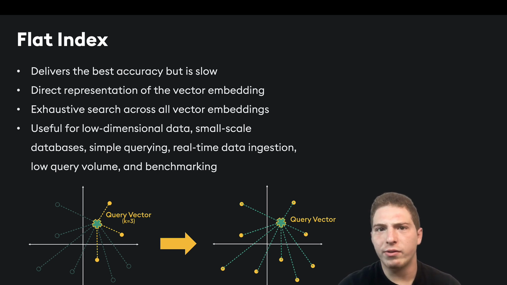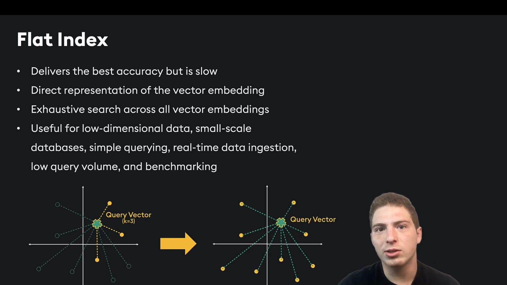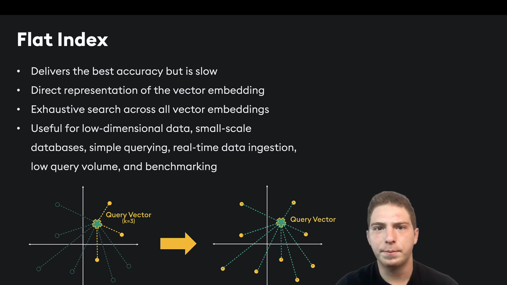When you have low query volume, if you have a large number of requests per second, a flat index might not be ideal. And for benchmarking. The thing about a flat index is that it gives you perfect accuracy. So you could use it to compare with your other indexes, which are going to be a little less accurate. So you'll be able to better know what actual accuracy losses you're getting with other indexes.